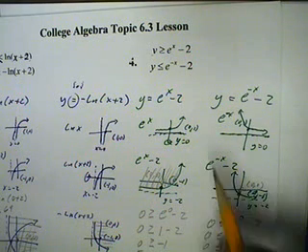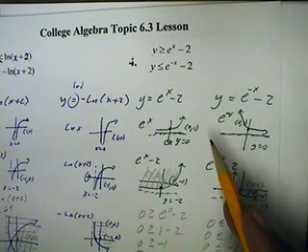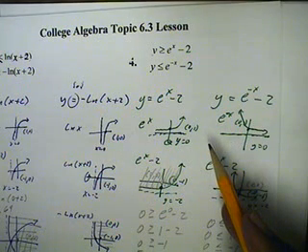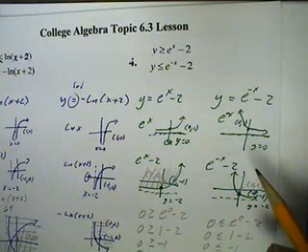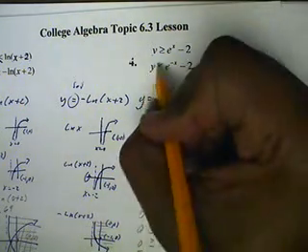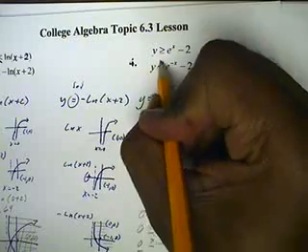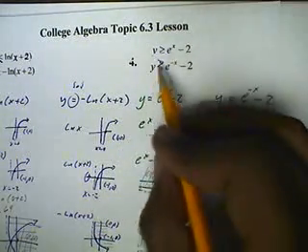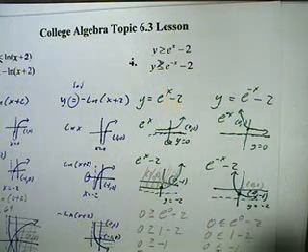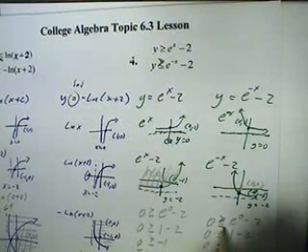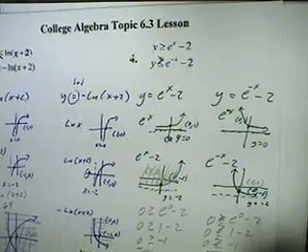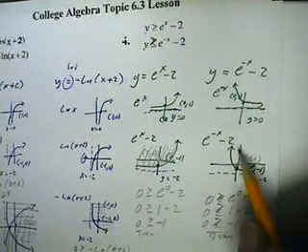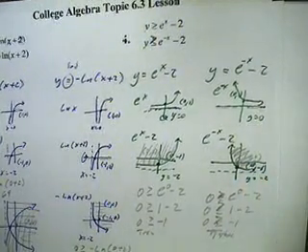I think I wanted that to become true. I think I originally wanted that to be a greater than sign. So let's change that to a greater than sign. And this ends up being true now. So we'll shade above there.